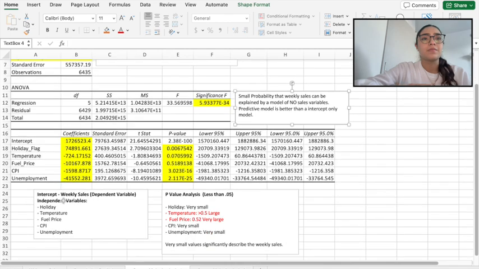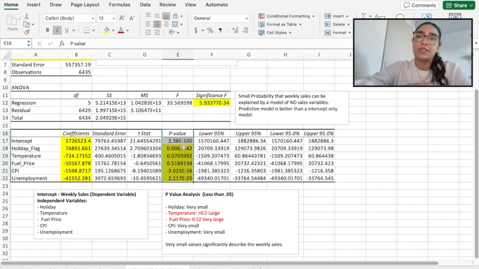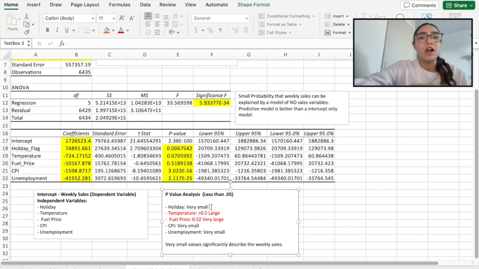We then saw the coefficients for each variable, and also we wanted to see how each variable was significant or not to describe the weekly sales. So for this, the p-value, we analyzed if it was less than 0.05, and the only ones that were smaller than 0.05 were holiday, CPI, and unemployment, which makes them significantly describe the weekly sales.